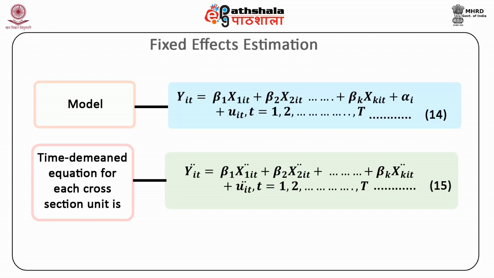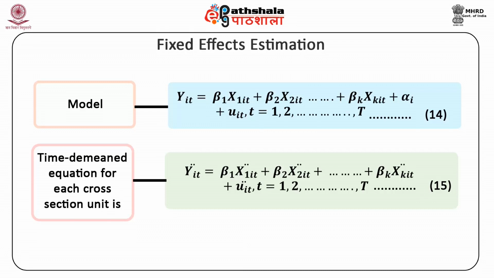Under a strict exogeneity assumption on the explanatory variables, the fixed effects estimator is unbiased. The idiosyncratic error u_it should be roughly uncorrelated with each explanatory variable across all time periods.